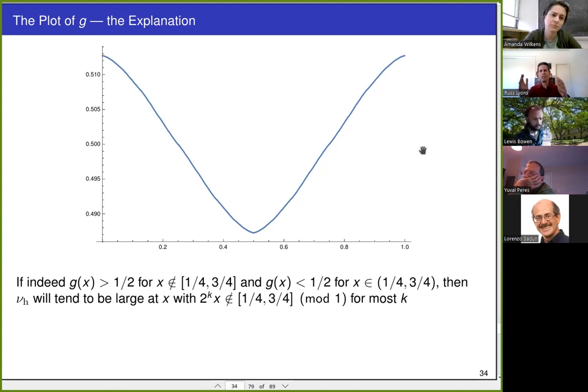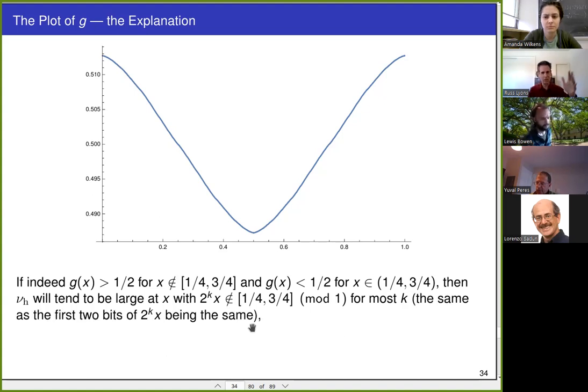If we think of g as determining the harmonic measure, you multiply g over and over again, and shift each time, you're going to be multiplying by some number bigger than half or less than half, depending on whether you're in this interval, 1/4 to 3/4, or outside the middle, where it's larger, 0, 0, 1, 1, for most k, if this happens most of the time for most of the shifts.